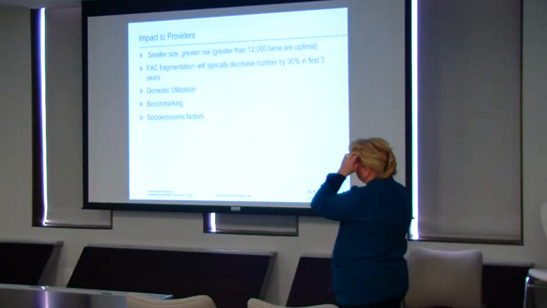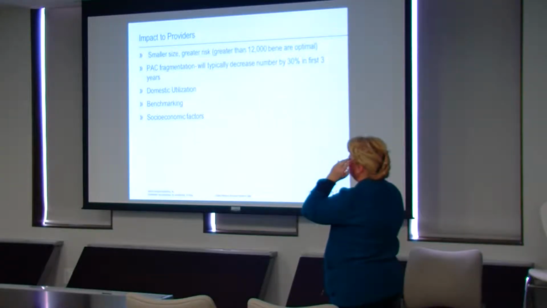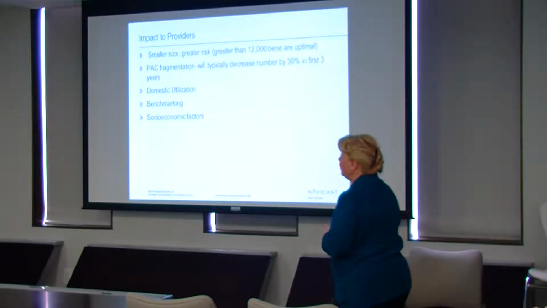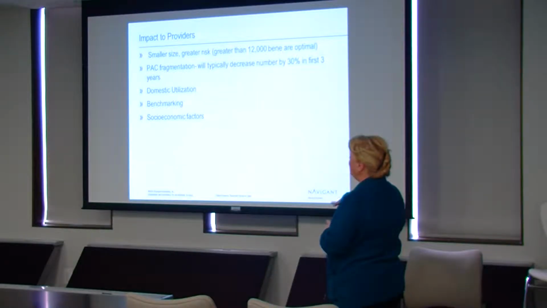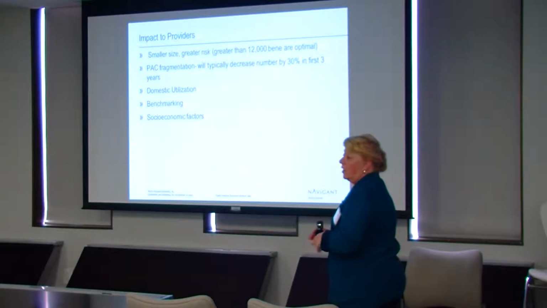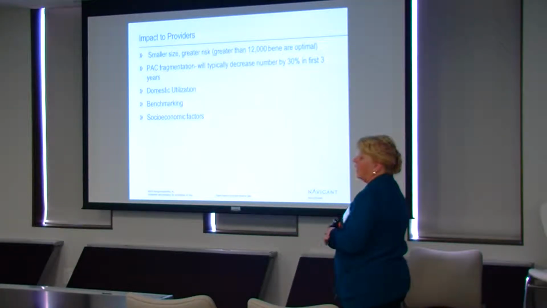We recognize that impact to the providers, that PAC, post-acute fragmentation, and we see that after an ACO is up and running, we typically can see a decrease by 30% of all the different post-acute providers. Some ACOs can have as many as 200 different skilled nursing facilities that they're working with.